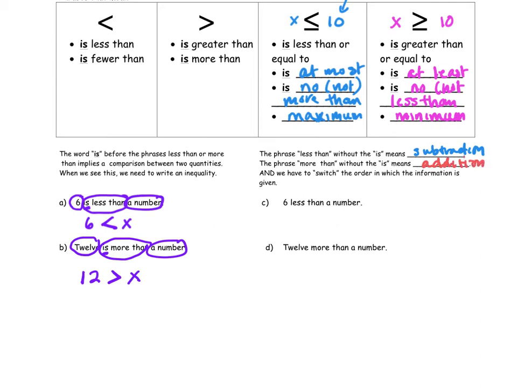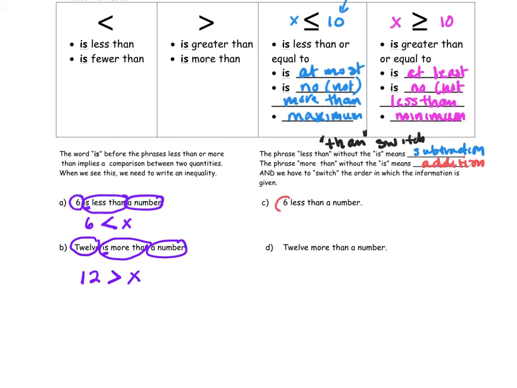And furthermore, we have to switch the order in which the information is given. We call that the than switch. If you recall, we talked about that two lessons ago. It switches order. So let's try our hand at this.